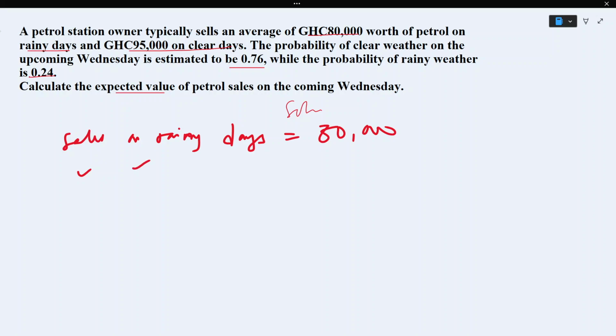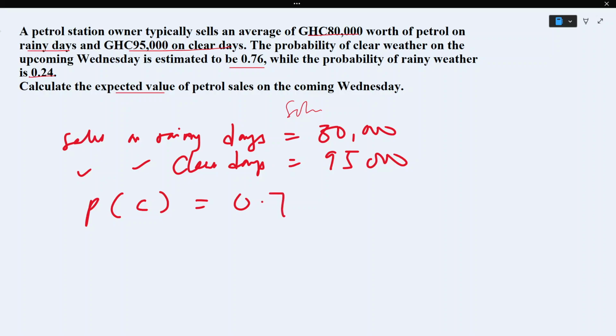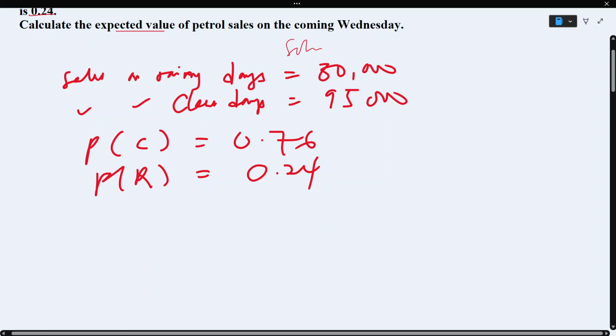Sales on clear days, 95,000. Then the probability on clear days is 0.76. Then the probability on a raining day is also 0.24. Find the expected value.